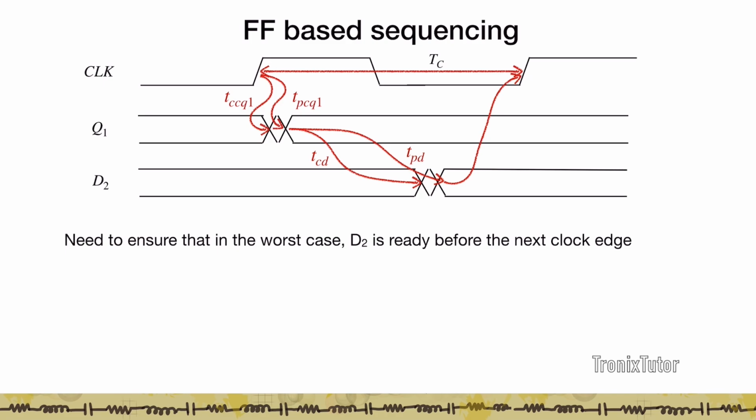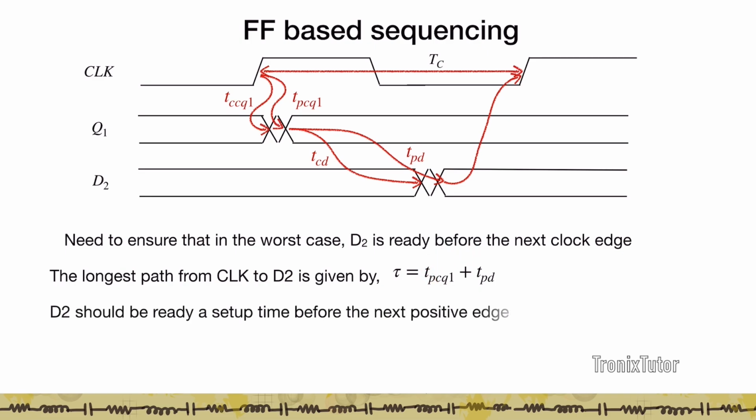Now because this is a sequencing element, this D2 has to be ready for a setup time before the clock edge. So if you look at the longest path from clock to D2, the longest path from clock to D2 is TPCQ1 plus TPD. So that is the latest by when D2 would be ready, right?